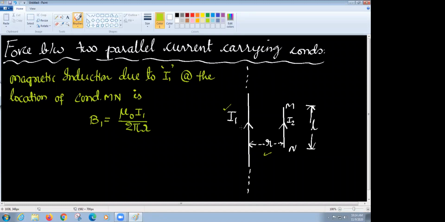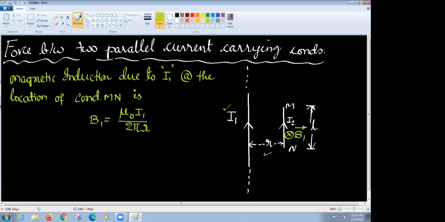Put your right hand thumb along this I1 and curl your four fingers. You would see the magnetic induction like this. This is B1. So due to I1, the magnetic induction B1 at the location of Mn is this one.